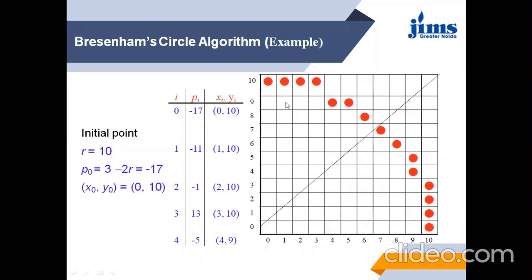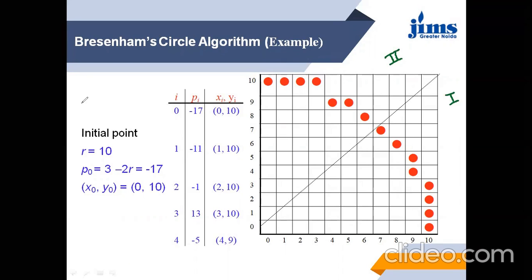Here we have to draw the circle, and from here you will come to know how we can reflect a point in this octant to this octant, meaning how these 2 points are the same, or how we can find out the values of coordinates in this octant when we know the values of coordinates in this one.